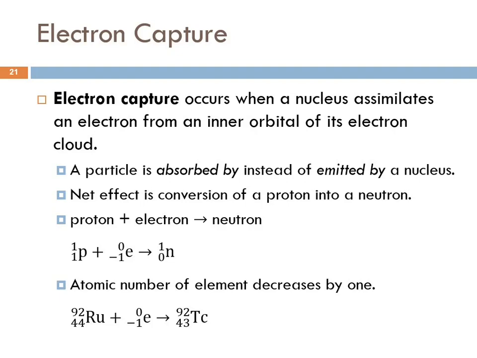So this is a particle being absorbed. The net effect is a proton being converted into a neutron. So we've got the proton plus the electron forming a neutron. The electron came from the electron cloud. But the nuclear chemists don't care about the charge on this atom or ion, so they're not going to keep track of the electron disappearing. But this is the opposite of what?